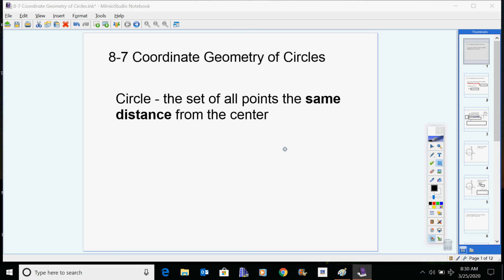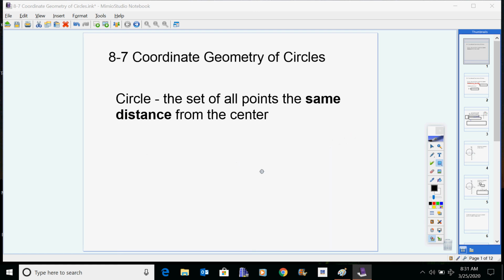Before, you've graphed lines in Algebra 1. Circles are quite a step up from lines, but not too bad. I think you're going to find that it's a pretty nice and simple process if you pay attention really close in the next few minutes.